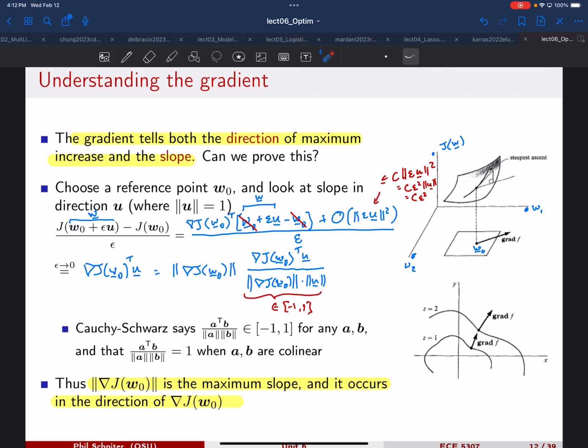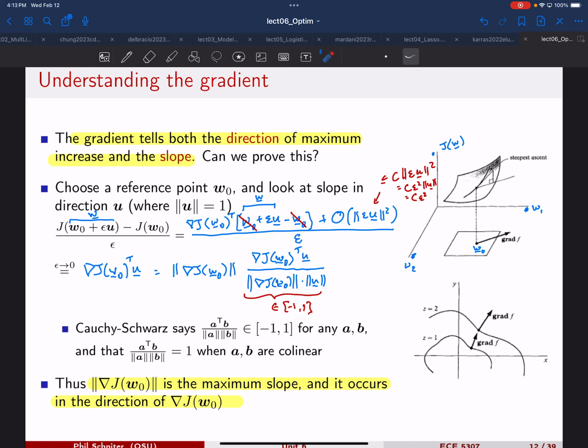We did that by looking at this directional derivative, plugging in the Taylor series, taking epsilon to zero, at which point we found that this big O term essentially vanishes. And then we were able to find that this directional derivative is the norm of the gradient times some quantity between 1 and minus 1.